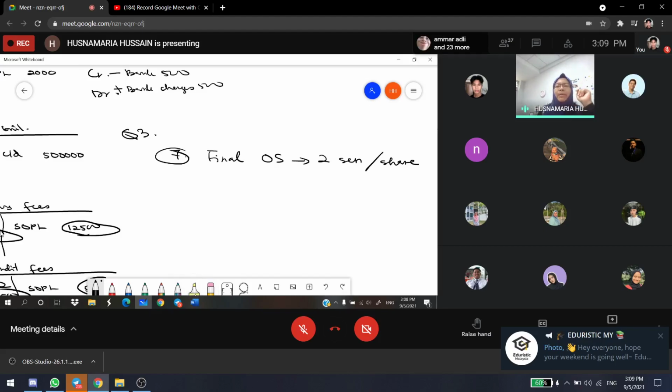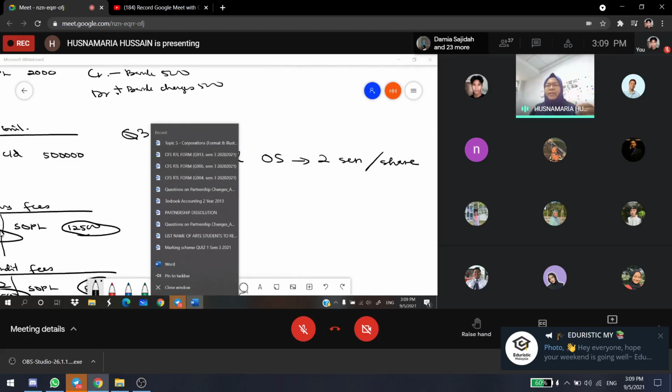But ordinary now they give you 2 cents per share. So you kena tengok pula how many shares that have been issued. Look at question number 7. How many shares issued? Tengok page 276, in the list.